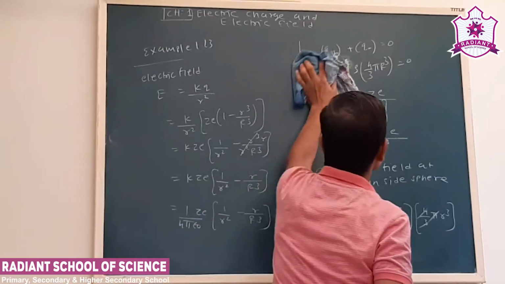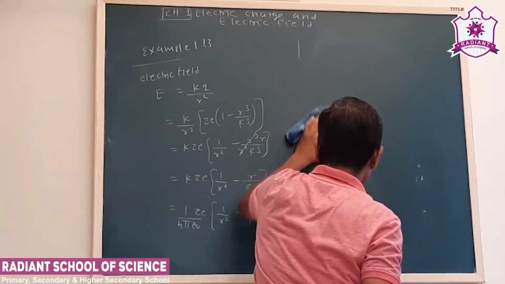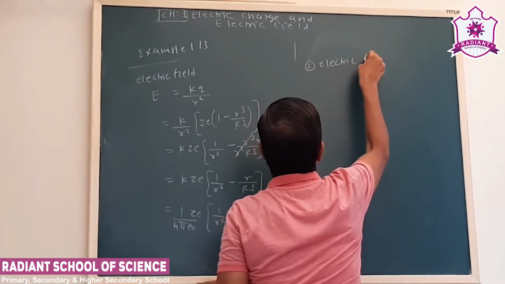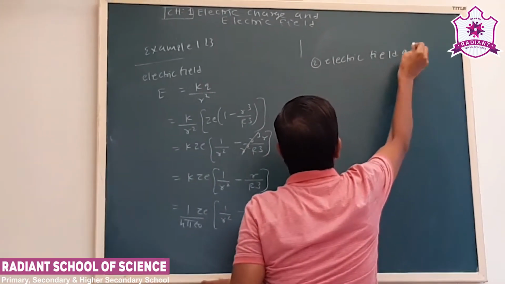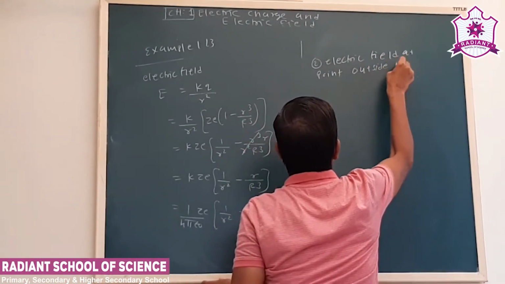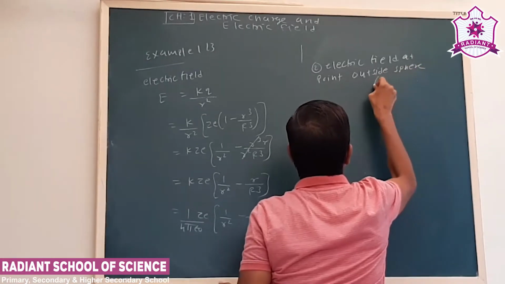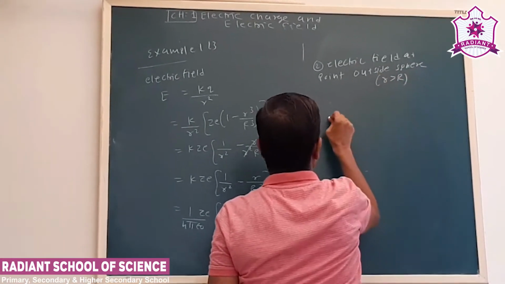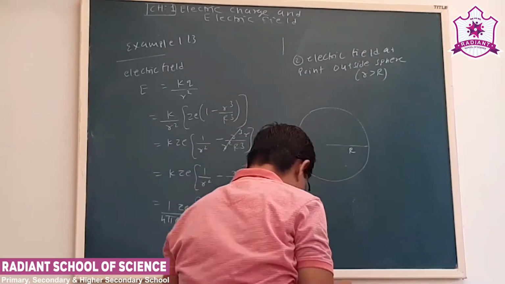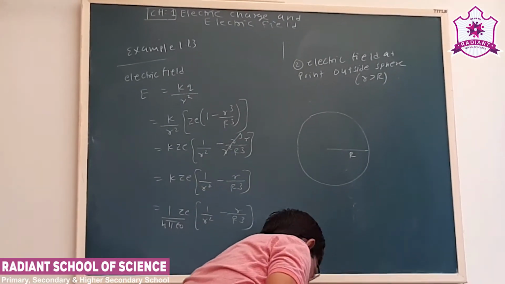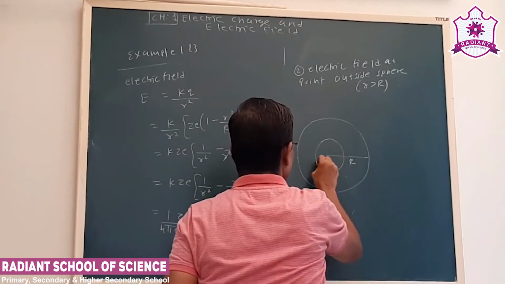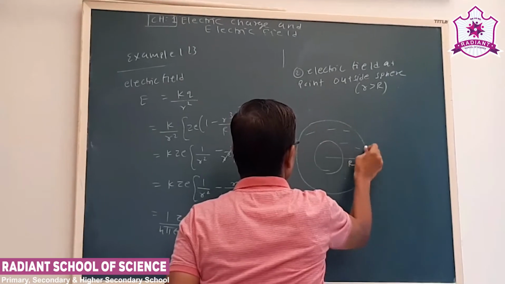Now next, we have to find the electric field at a point outside. Here R is the radius of the sphere under consideration. So this is a nucleus where the positive charge is there and the remaining is negative charge.